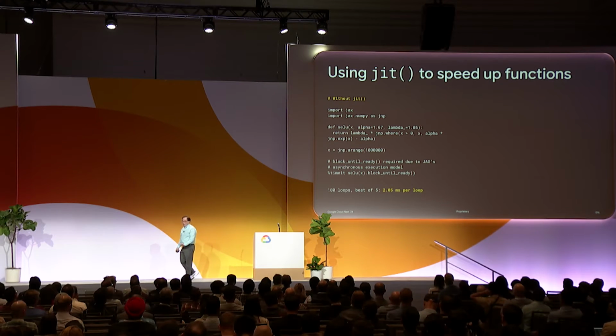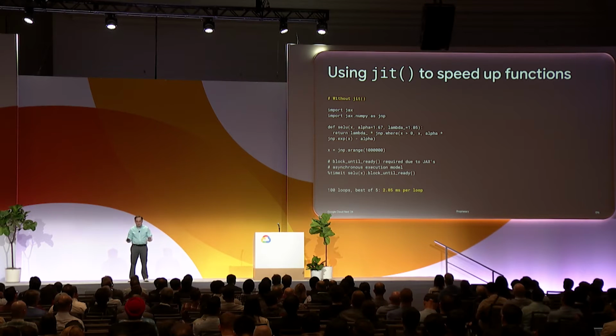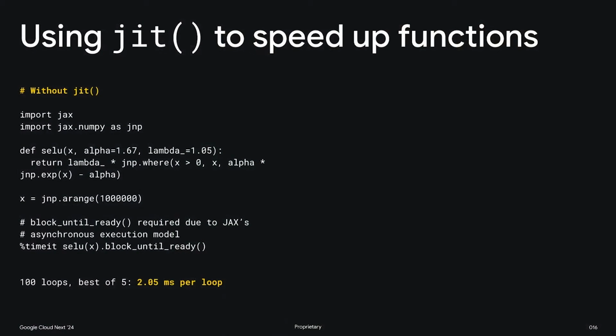So when we use JIT to speed things up, and this is all we're doing to speed things up, we're creating a CELU activation function. We're giving it some data, and we're timing it. This is without using JIT. And what we see is that a loop takes about 2 milliseconds.